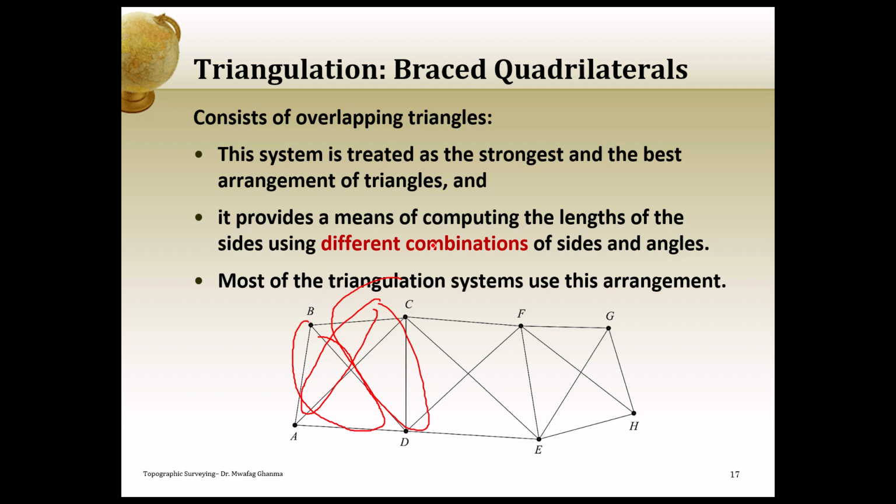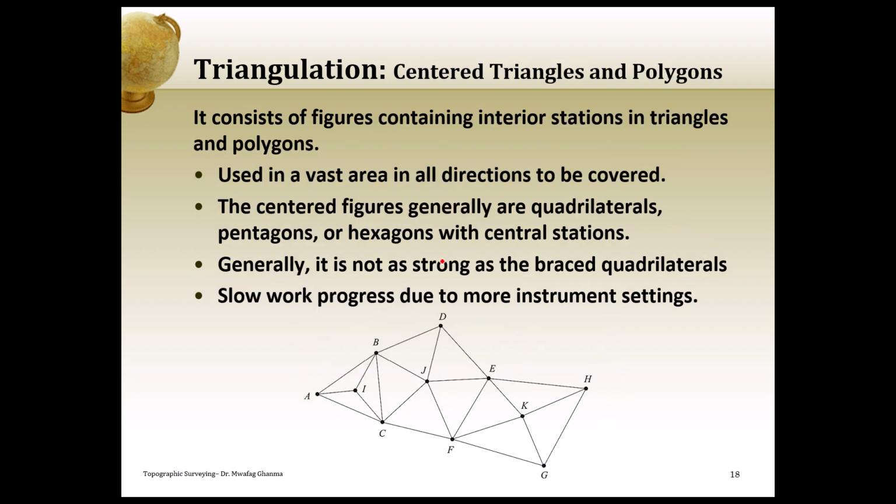Because of the geometry of these overlapping triangles, we can measure through different routes, and measuring through different routes will give us redundancy of the layout. And most of the triangulation systems use this layout arrangement.